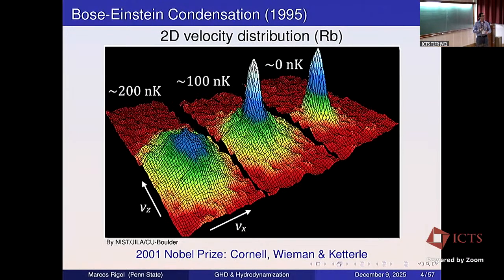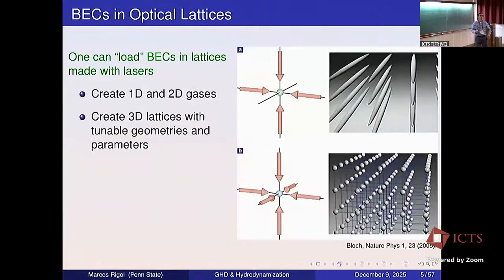They create a very cold Bose-Einstein condensate, and then they load them in optical lattices. What that allows them is to create different geometries. They can create one dimension, which is what we are going to be interested in today, 2 dimensions, and also a 3-dimensional lattice. Now, once you have those gases in the lattices, you can do many things.